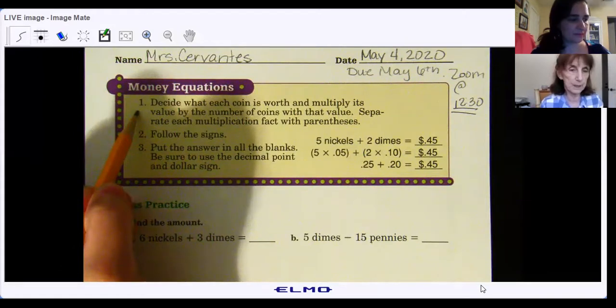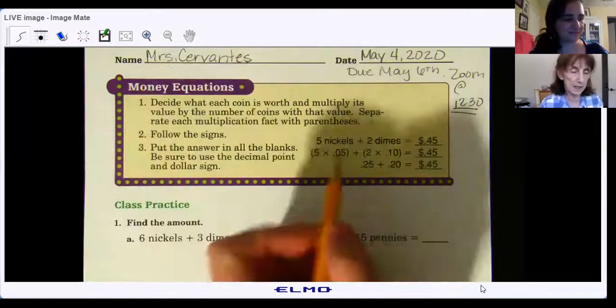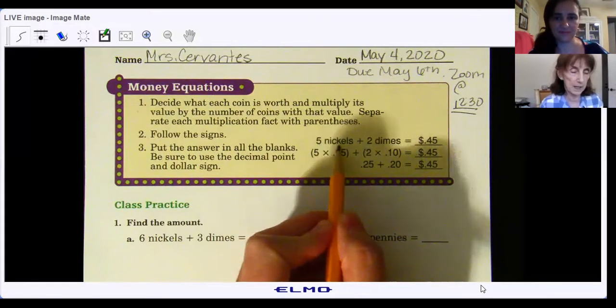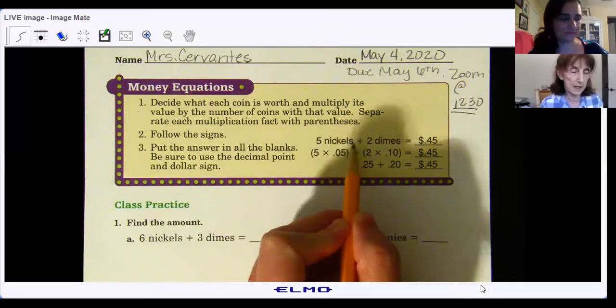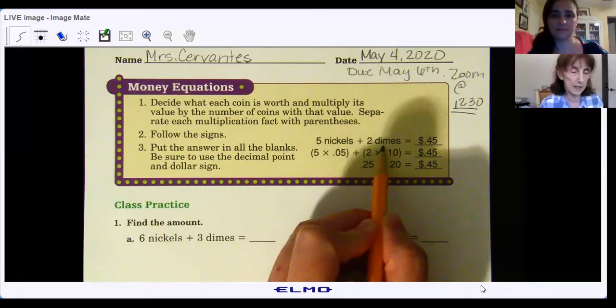Separate each multiplication fact with parentheses. Let's look at the example in the yellow box. We have 5 nickels and 2 dimes, and they want to know how much that is.